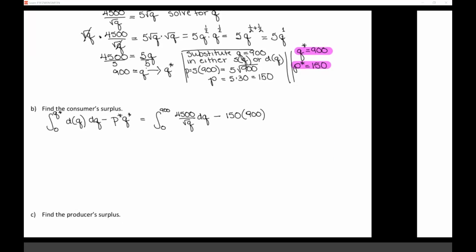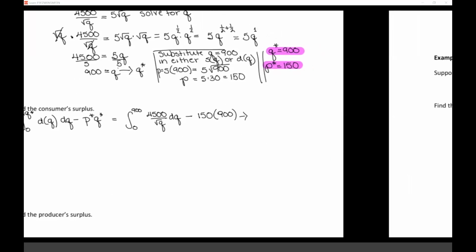Now, what I might want to do is simplify stuff a little before I get rolling with the integration. Okay, so I'm just going to rewrite this one more time, 0 to 900. Okay, I don't like the square root of Q in the denominator, so I'm going to write it like this, times Q to the minus 1/2, right? It's 1/2 because it's a square root, and it's a negative 1/2 because it was in a denominator.